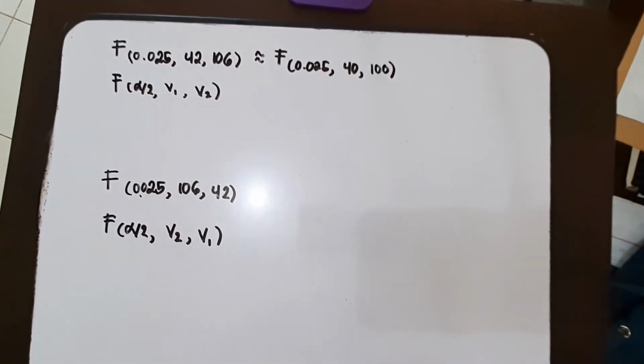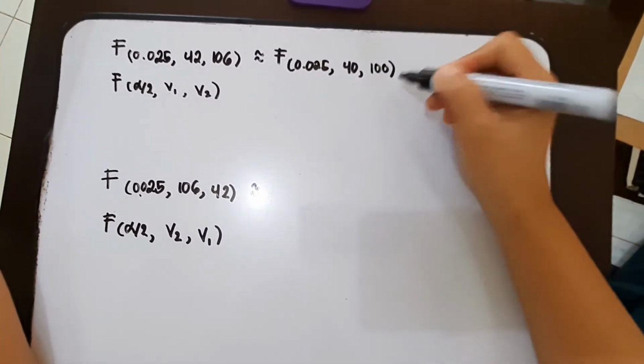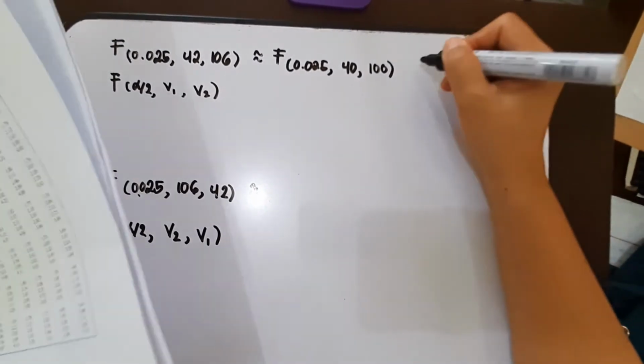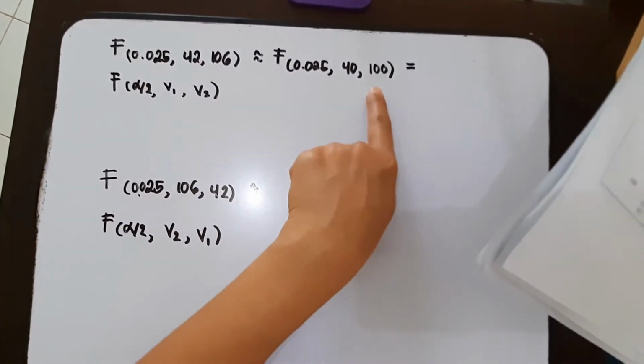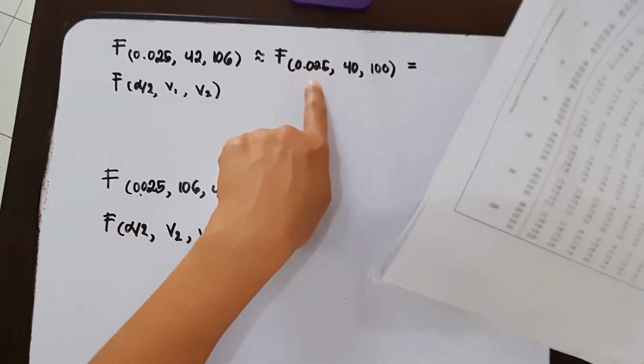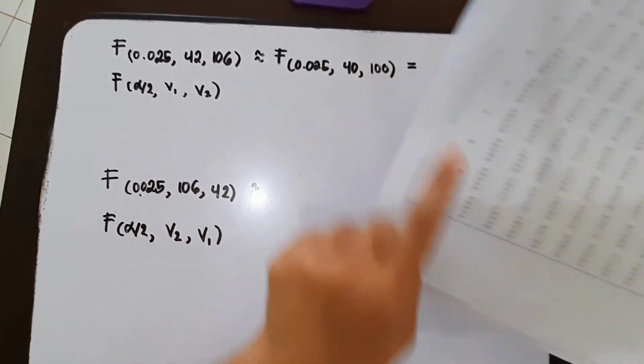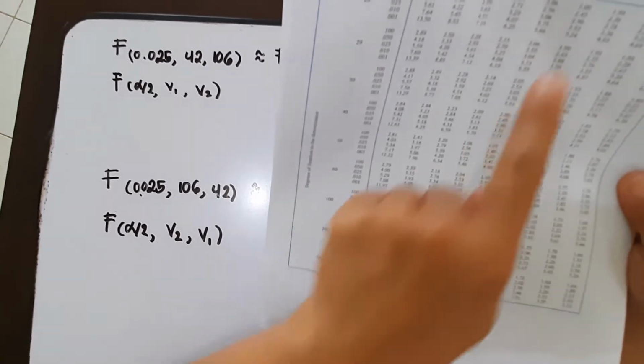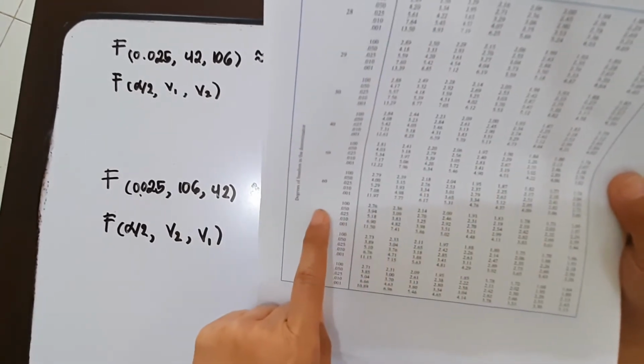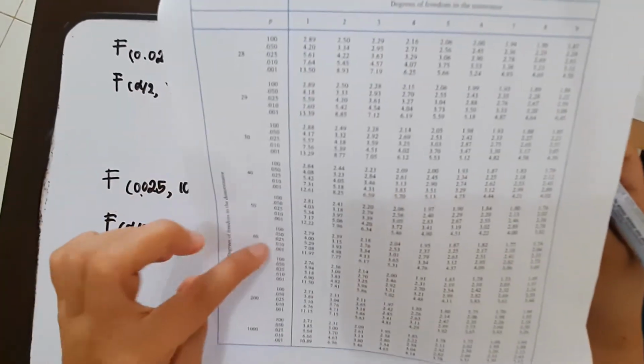So we will find first the critical value where the numerator is 40 and the denominator is 100 and the alpha over 2 is 0.025. We already have a 100 as denominator. So we look for the cross section of the denominator and the numerator. 100 is third, 1, 2, 3.